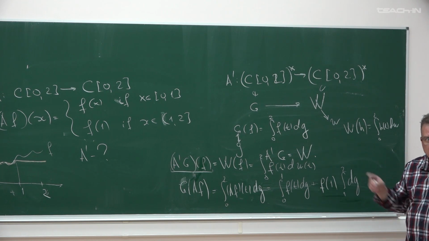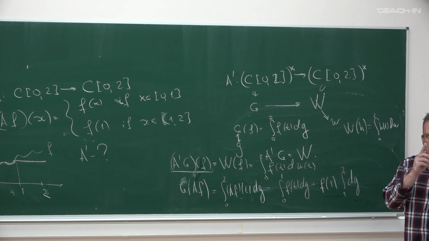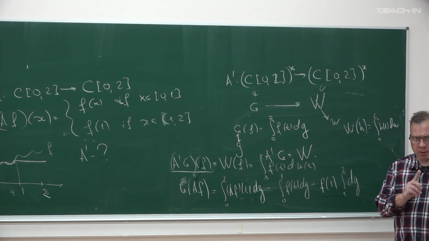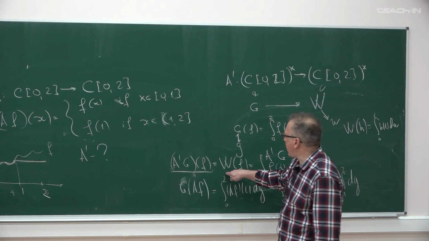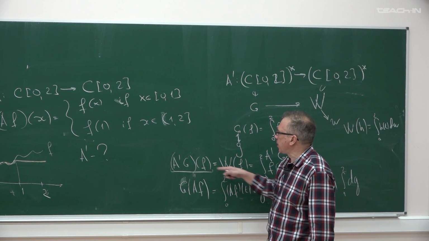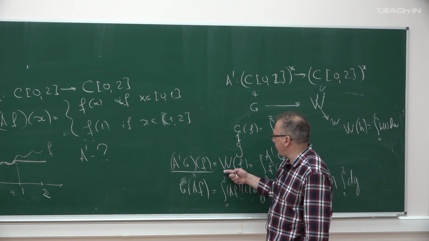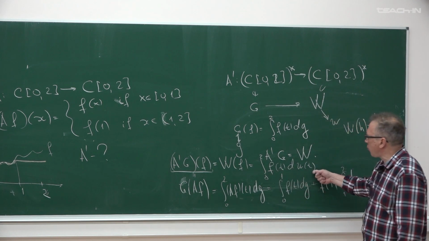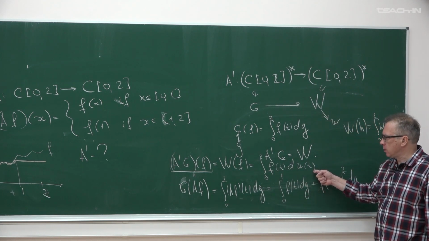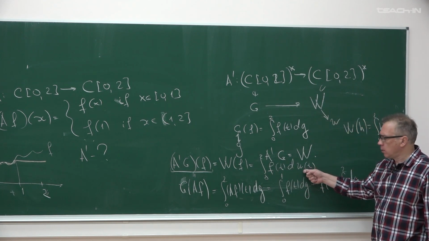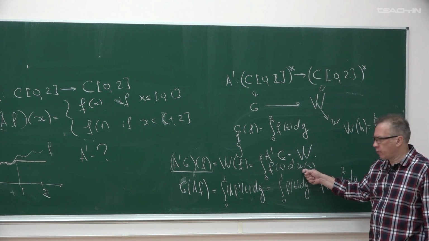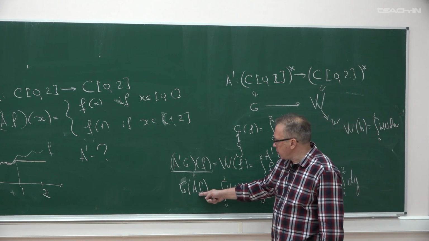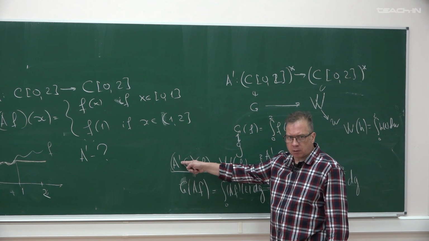We define it as follows; it is the Banach adjoint operator, not the Hilbert adjoint operator. The operator works on the functional G and obtains the functional W, and we write it via the function of bounded variation.